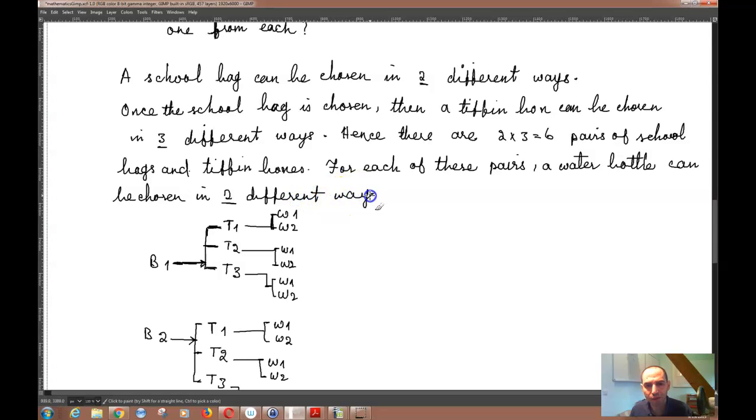Hence there are 6 times 2, which is equal to 12 different ways. Basically, all the way up to here we had 6 in total, so 6 times 2 is equal to 12 different ways.